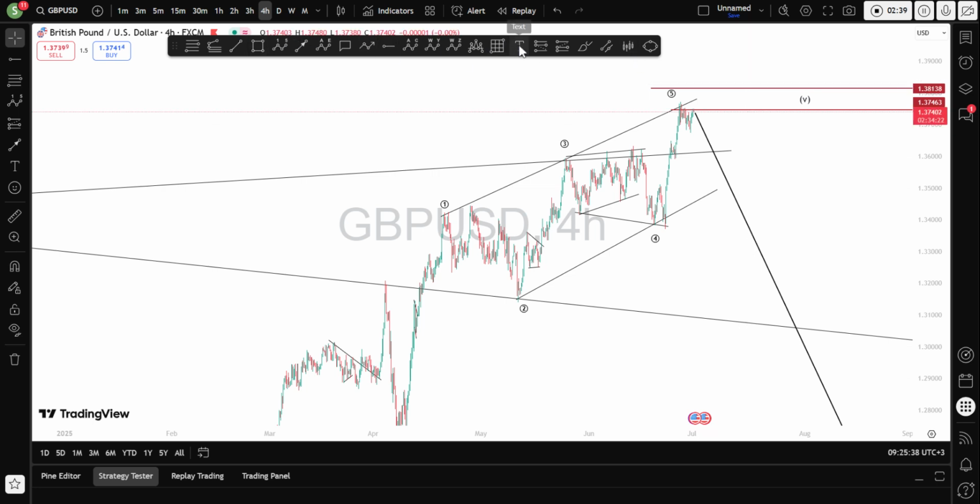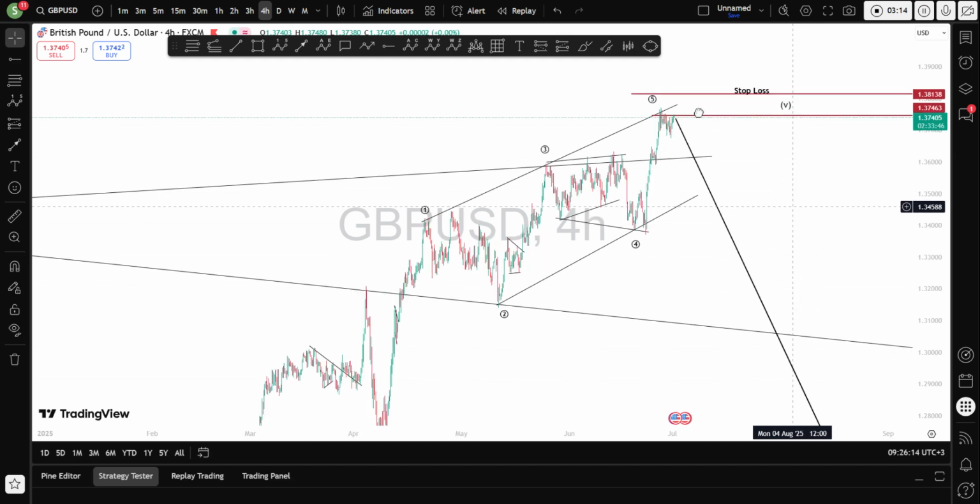Let me just leave the stop loss open for now. So we'll have 2 entries here. This is for aggressive entry.